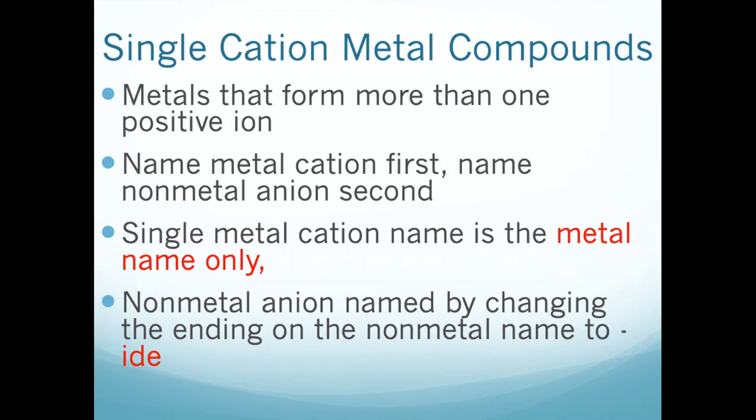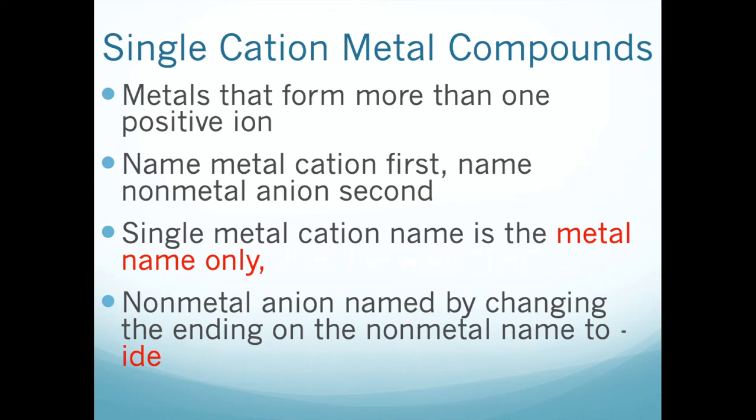Likewise, if you have magnesium ions and chloride ions combining, you just call it magnesium chloride. Notice, by the way, that we don't make a reference to how many ions there are when we're saying the name of the compound. So even though there are 2 chlorides for every 1 magnesium ion in magnesium chloride, we just say magnesium chloride. We don't reference the 2 anywhere in the name.